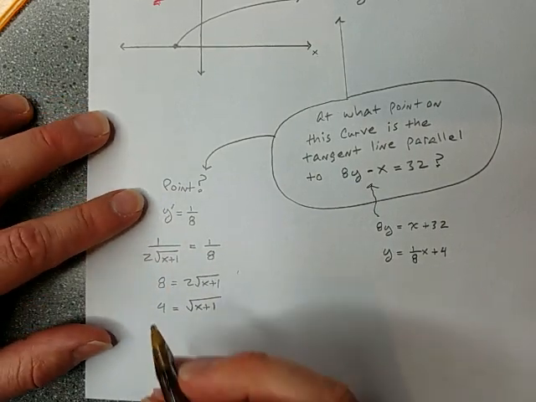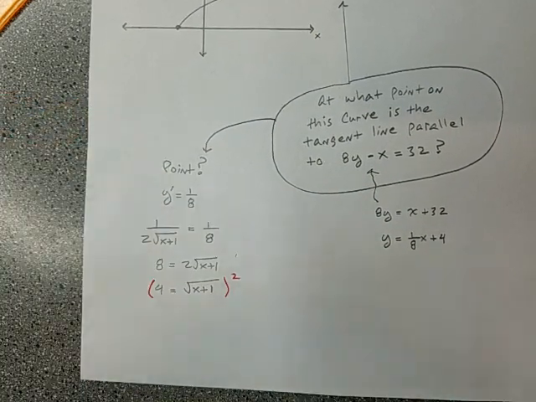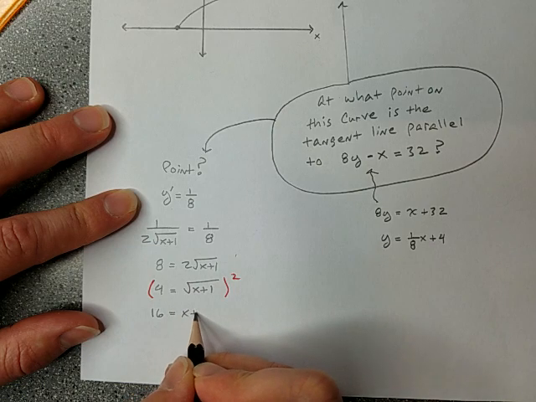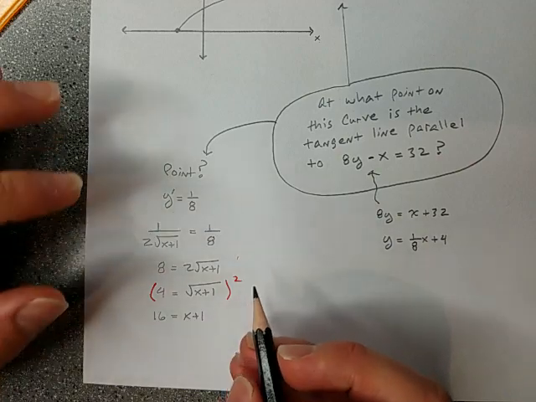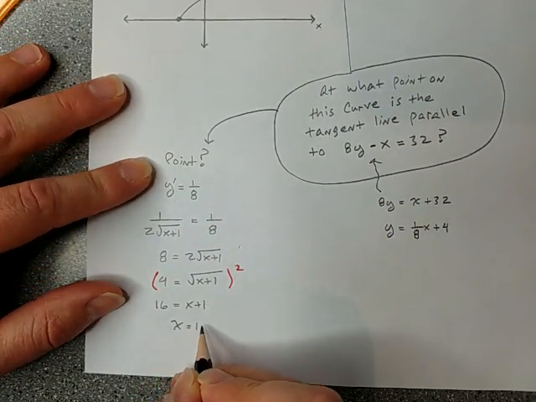And then I'll square both sides. So square the left, square the right, and then we'll get 16 is x plus 1. I square both sides because I need to eliminate this root in order to isolate the x. And then I'll get x is equal to 15.